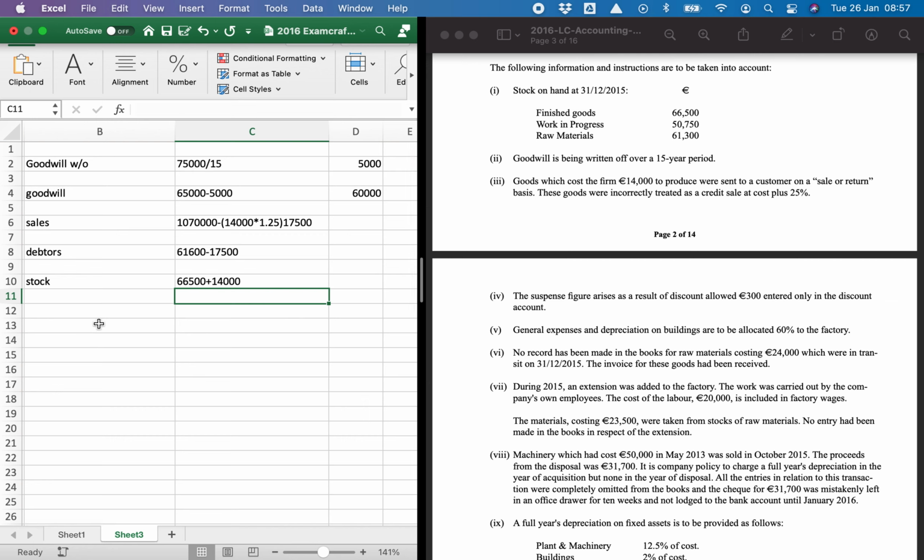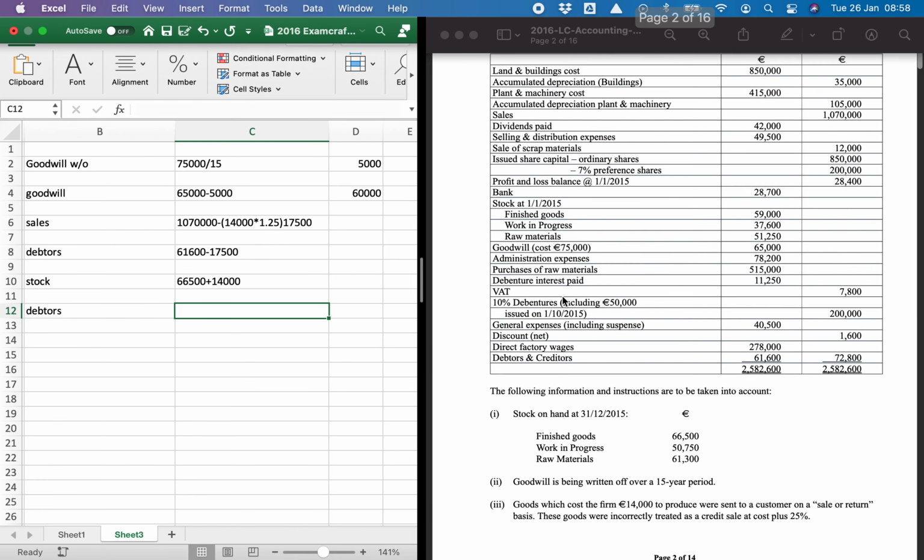Number 4 then, the suspense working. The suspense is a result of discount allowed entered only in the discount account. Discounts allowed are given to debtors, so it should be discount and debtors. It's gone into discount, but it has not gone into debtors.